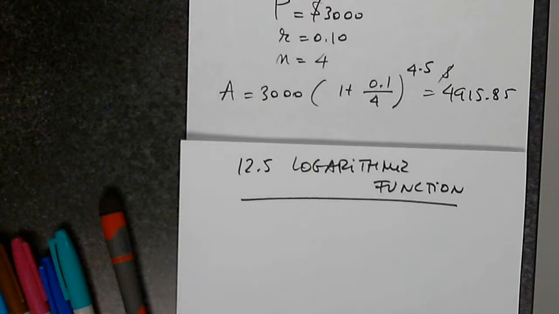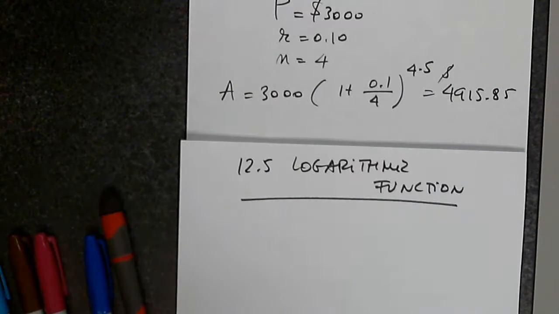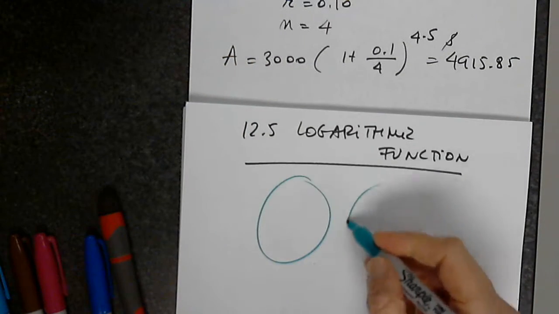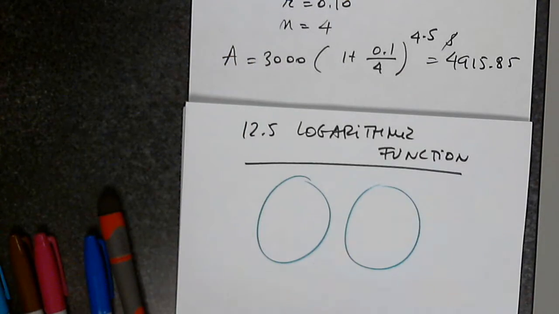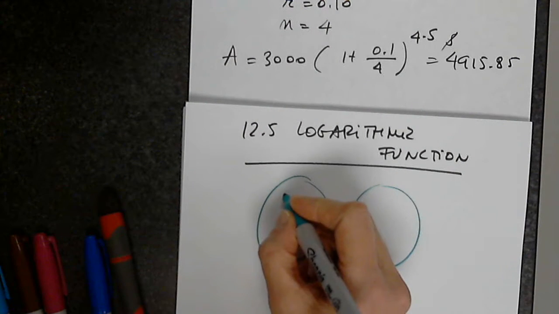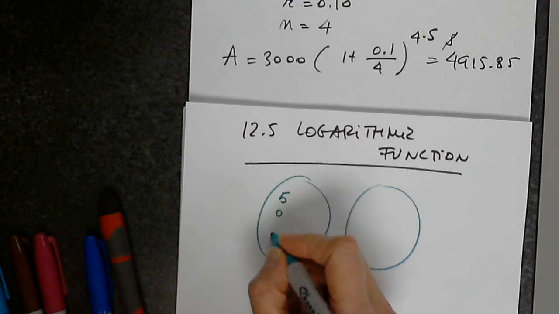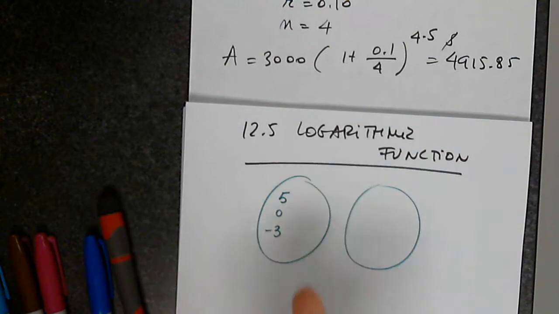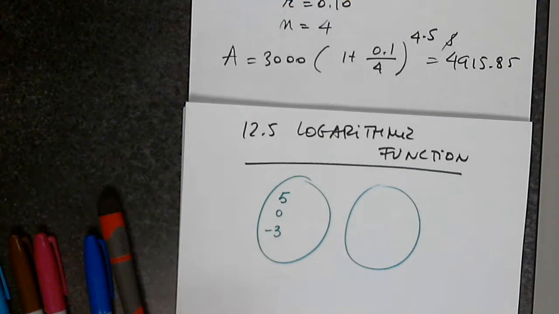We already know its graph. We graph the logarithmic function in both cases. We graph the exponential. However, let's talk about the mechanism. So let's say I have 5, 0, and -3. These are 3 x values that I just picked.